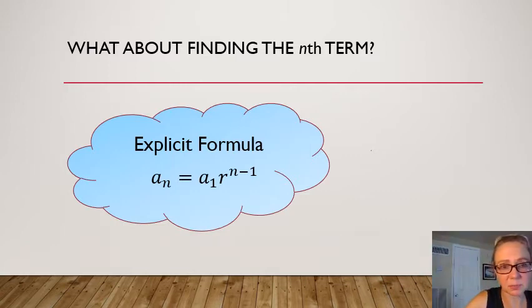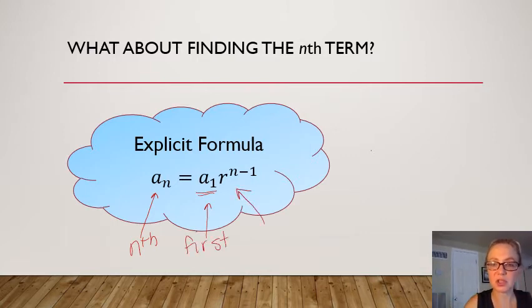Well, we have an explicit formula which relates the nth term to the first term times the common ratio raised to the n minus 1 power. Now realize, please, that this n and this n are the same. So if n on the left is 6, then the n on the right is 6, and 6 minus 1 is 5.